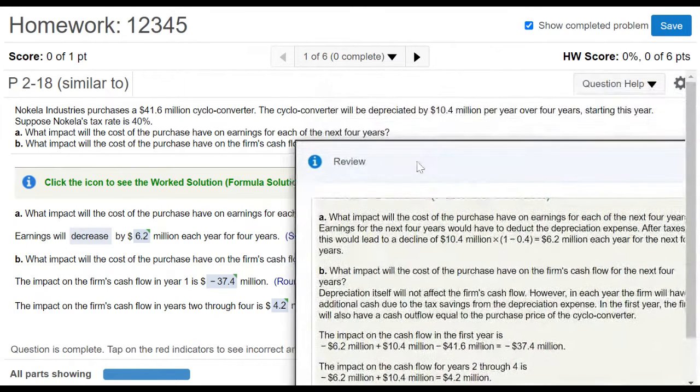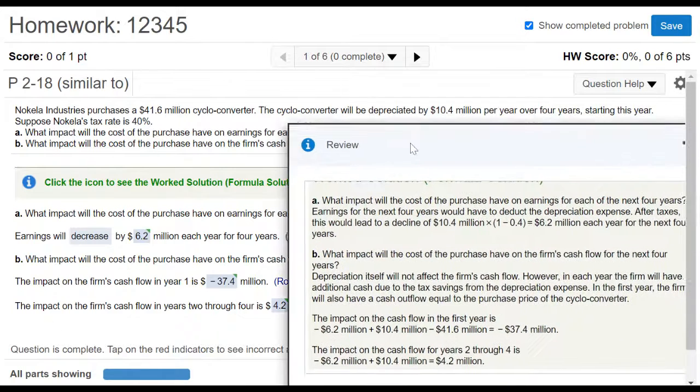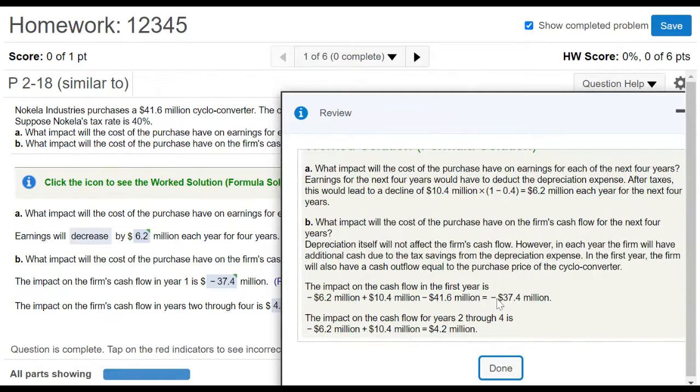And the 41.6 is what we paid for the converter, the cycle converter. So we're going to have a negative balance of 37.4.